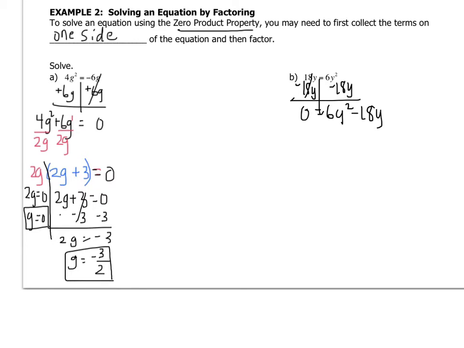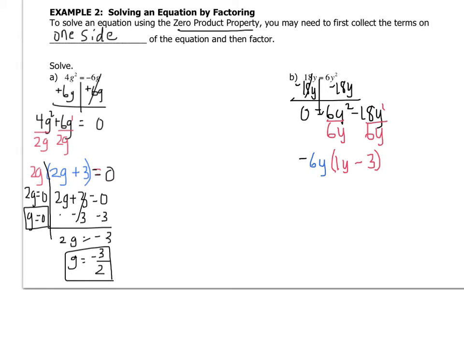Okay, now I look at my coefficients and I say, what do they both have in common? I can divide them both by 6, and I can divide them both by y, because that's the smallest exponent. So that gives me 1y minus 3. And then I'll bring that 6y outside.